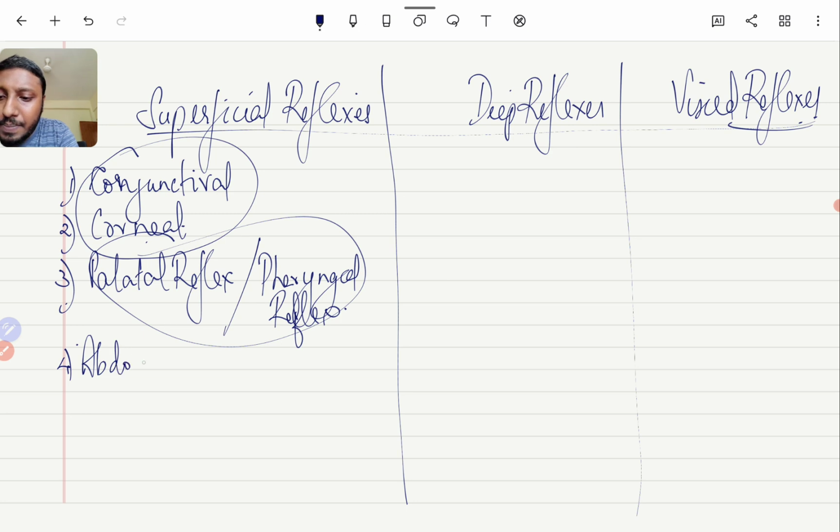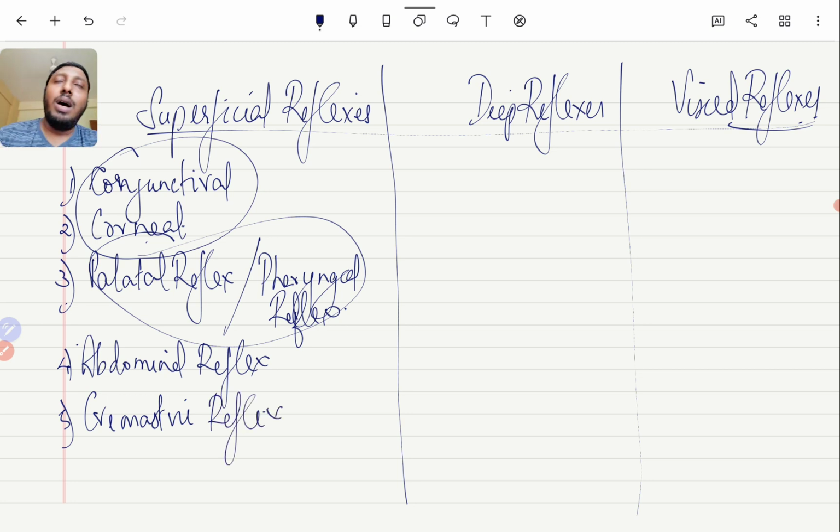abdominal reflex, cremasteric reflex only for males. People have been learning the proforma very vividly before the exam, and they will come to the exam and write the whole proforma, and then they will have a female patient and they will talk about the cremasteric reflex.